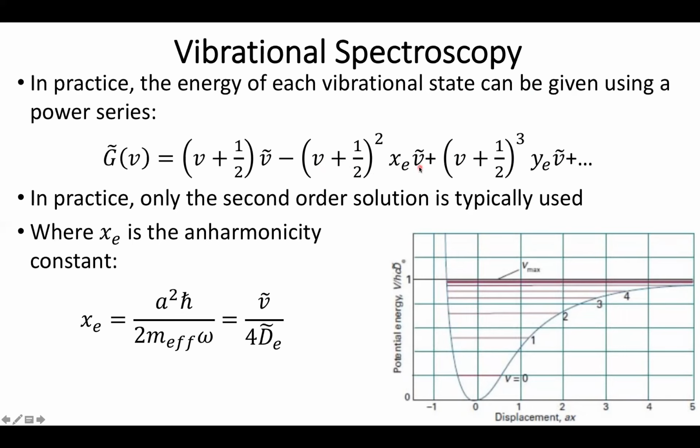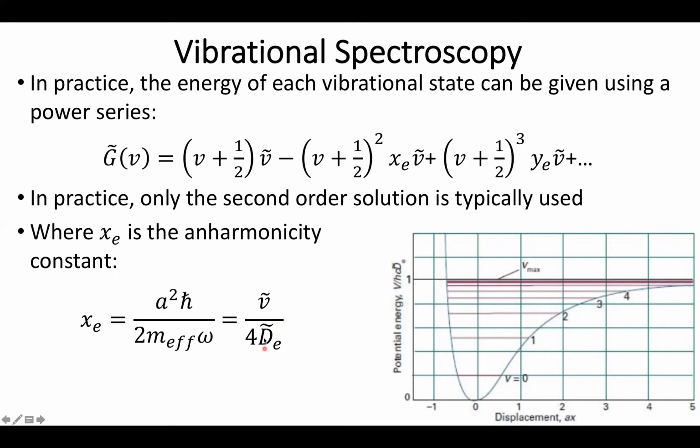And so our anharmonicity constant is a measure of how wide the potential is. Essentially, if I know how wide my system is, I know how much my energy levels are going to be compressed. And it turns out, because of the way the Morse potential is structured, you can actually get at the anharmonicity constant through a ratio of the separation between our vibrational energies as given by the harmonic oscillator versus the overall depth of the well.